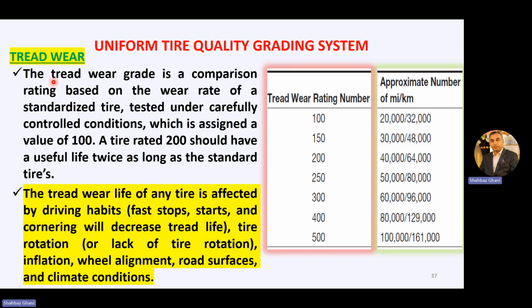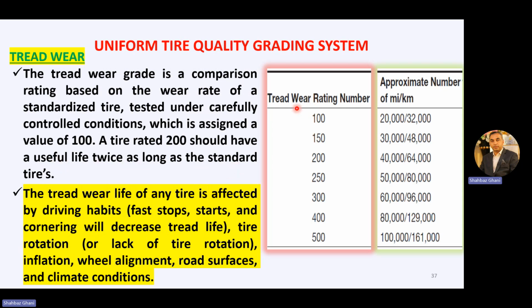The tread wear grade is a comparison rating based on the wear rate of a standardized tire tested under carefully controlled conditions, which is assigned a value of 100. A tire rated 200 should have a useful life twice as long as the standard tire.